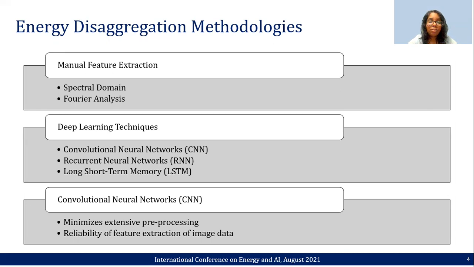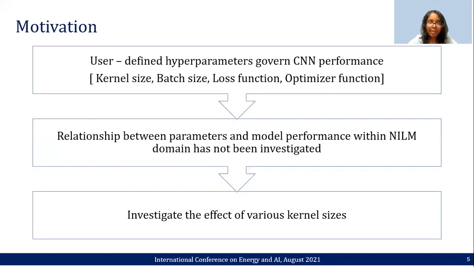Furthermore, CNNs have shown a strong capability in automated feature extraction and classification of image data, and also reduce the need for extensive pre-processing. This has led to a surge in the use of CNNs within the NILM domain. Therefore, in our study as well, we propose the use of a 2D convolutional-based disaggregation method.